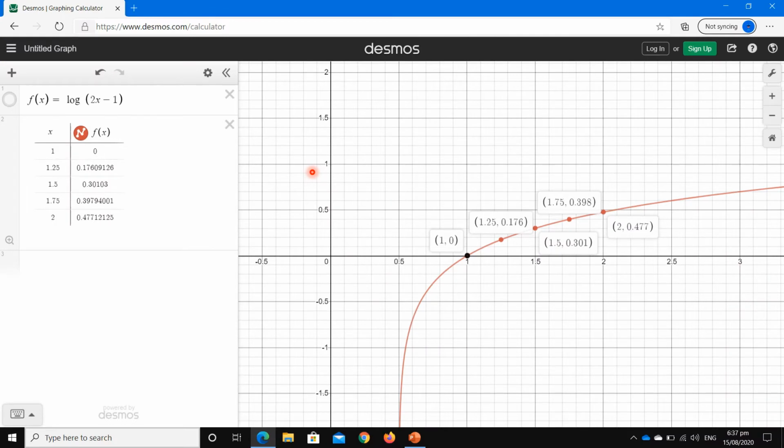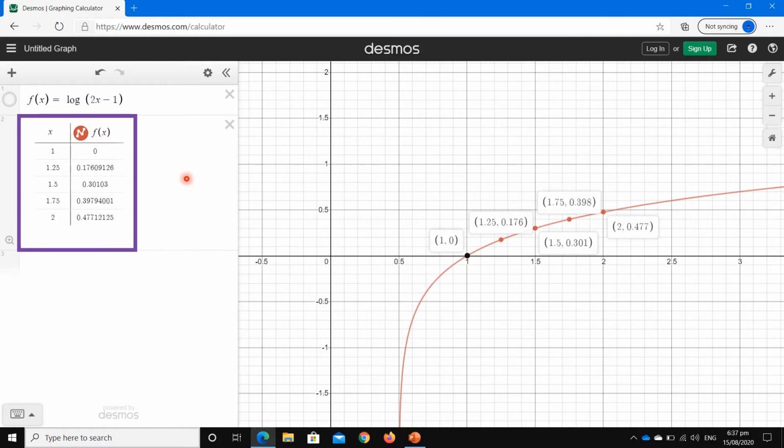Again, for our function log of 2x minus 1, we acquired the following points: 1, 0; 1.25, 0.18; 1.5, 0.30; 1.75, approximately 0.4; and 2, approximately 0.48.